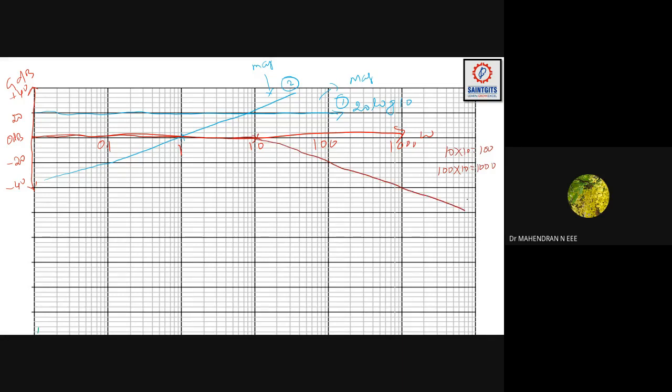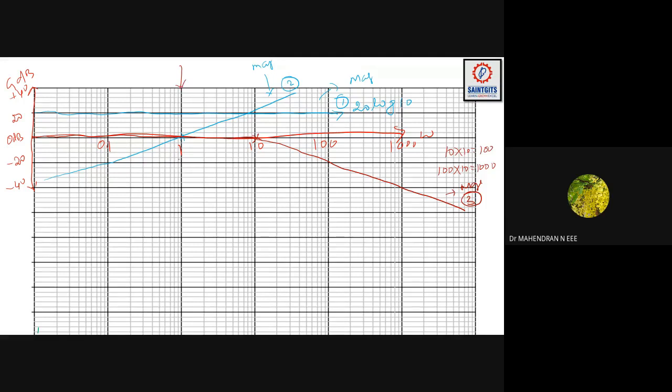This is the magnitude plot of the third term. Now we have three different magnitude plots for the given transfer function, and we have to combine all three plots, which will give the magnitude plot of the given system.